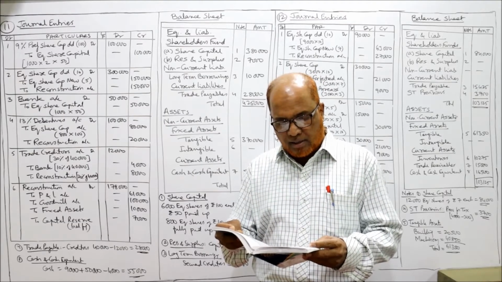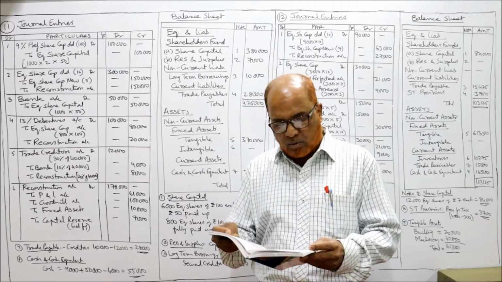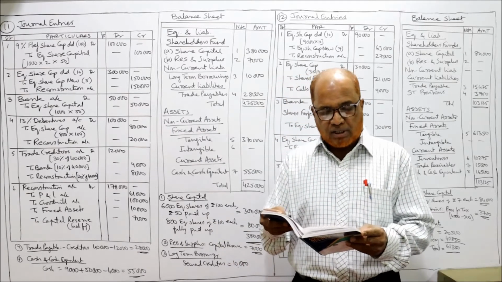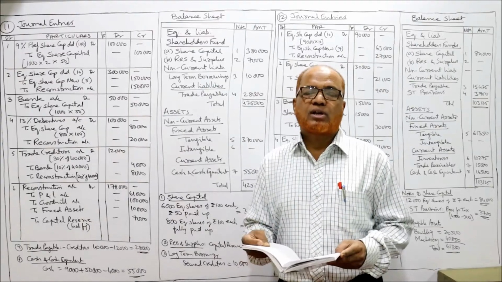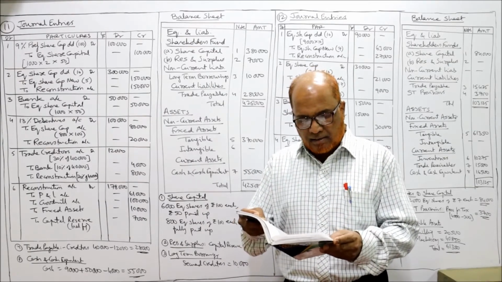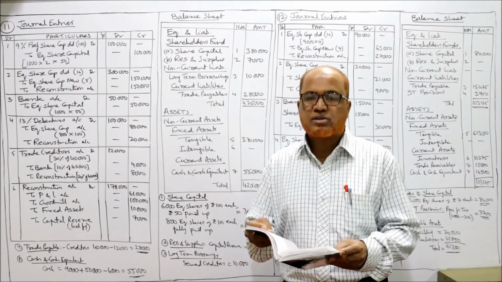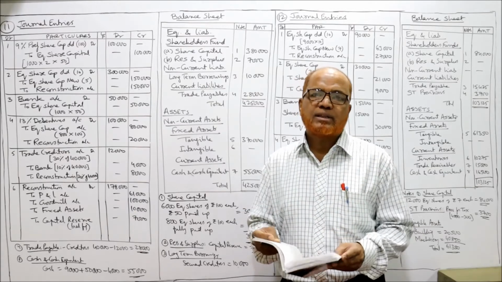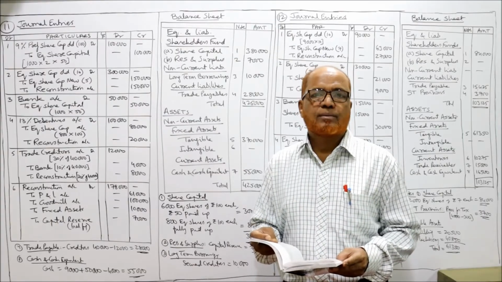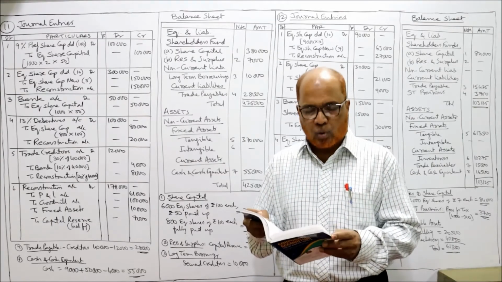Then unsecured creditors are to be paid immediately to the extent of 10% of their claim. Unsecured creditors are 40,000, so 10% of 40,000, 4,000 rupees cash they are accepting immediately, and they accepted a remission of 20% of their claim. They are foregoing 20%, so 40,000 cut 20%, 8,000. So they are foregoing 8,000.